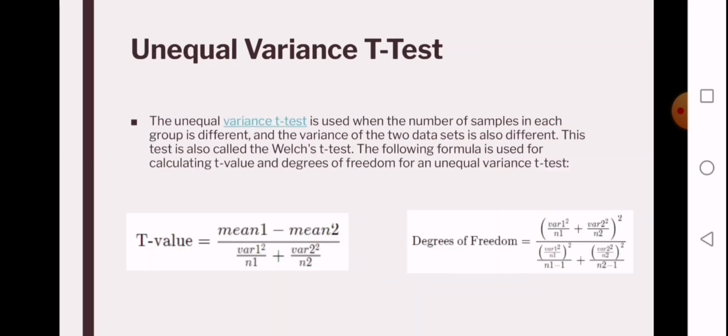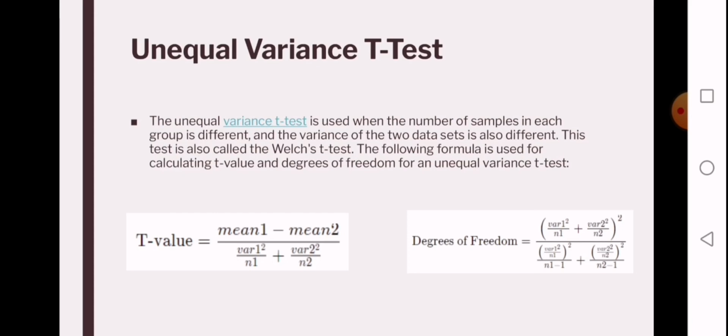The unequal variance t-test is used when the number of samples in each group is different. The variance of the two datasets is also different. This test is also called the Welch t-test. The following formula is used for calculating t-value and degrees of freedom for an unequal variance t-test.